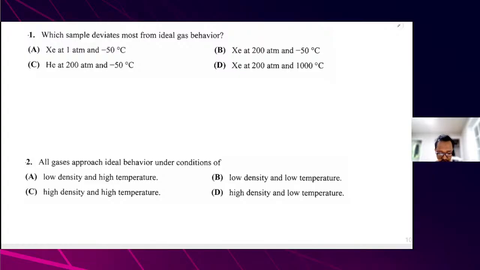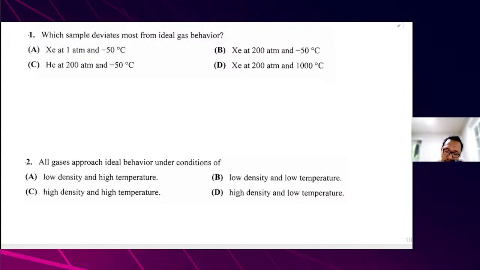This chapter covers a wide range of subtopics, so we have to learn about gas, liquid, and other things. Let's solve the first question. Which sample deviates most from ideal case behavior?